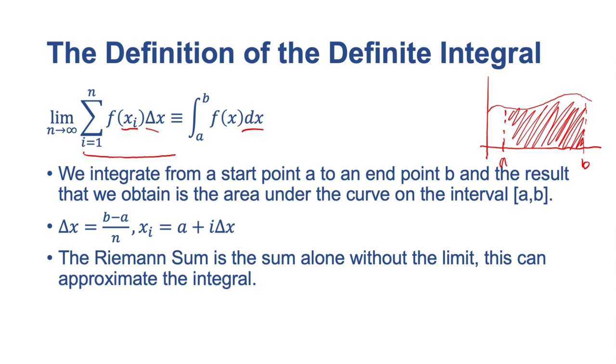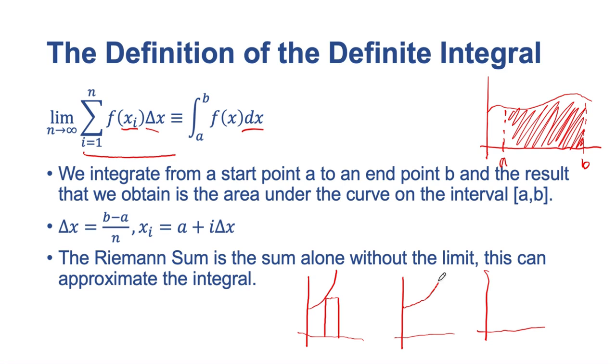So as I said a couple of videos ago, when I'm doing a Riemann sum, I can have three different cases. I can have one case, let's call this the left-hand case, where the rectangle touches the function on the left-hand side.